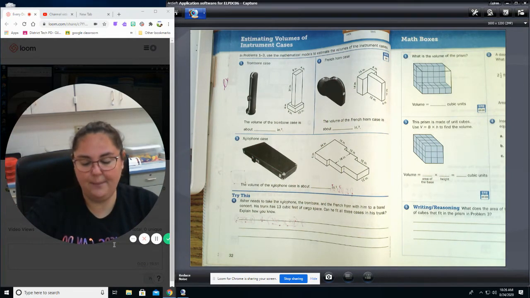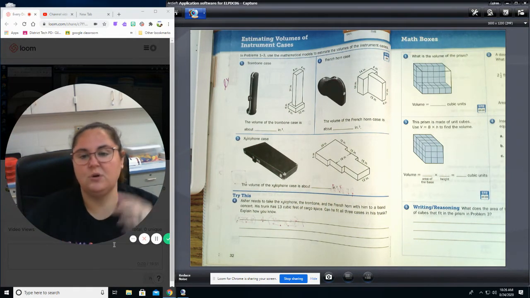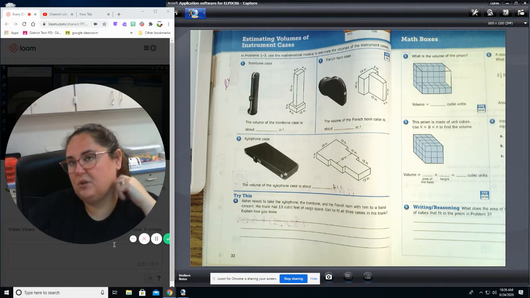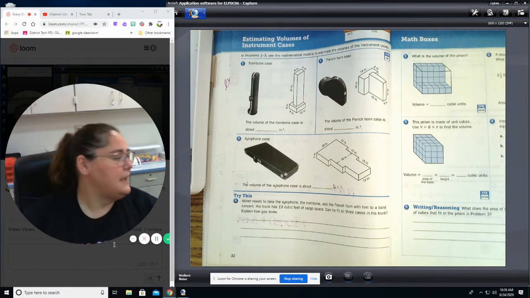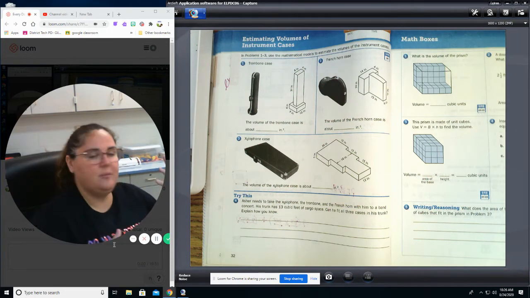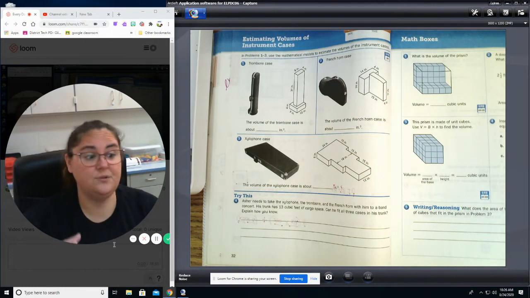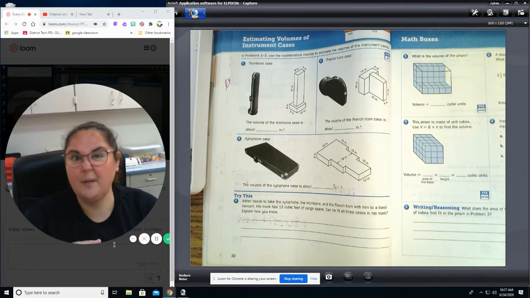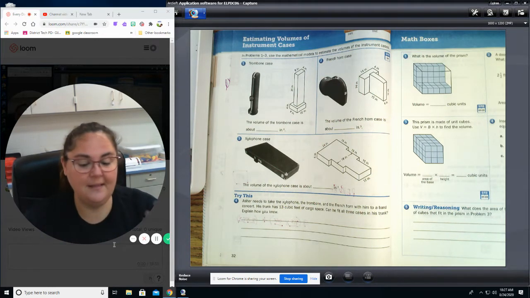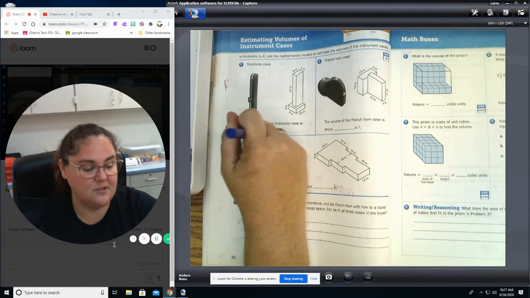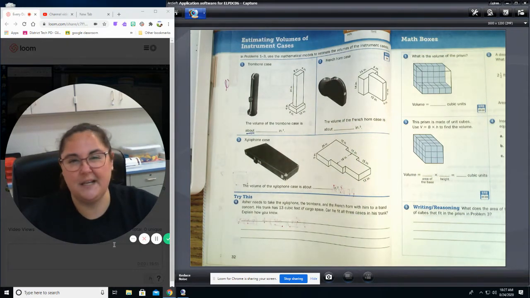When these things happen, you have to make sure that you think about it and you measure a little bit bigger. It's kind of like when we were measuring volume and I used the bubble gum or the circle pieces. There sometimes will be a little bit of extra space, okay? So keep that in mind. The reason I'm bringing that up is that all of these answers are almost like an estimate.